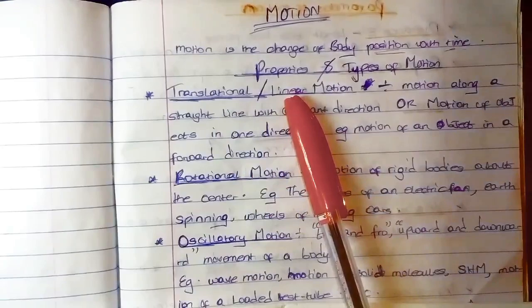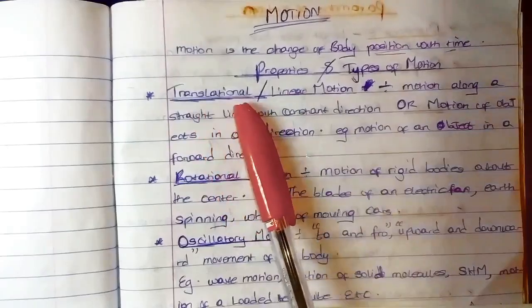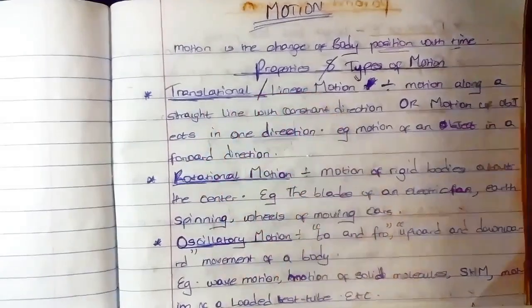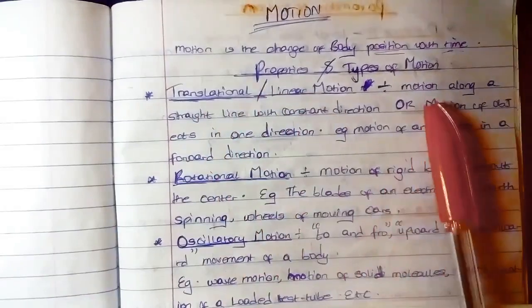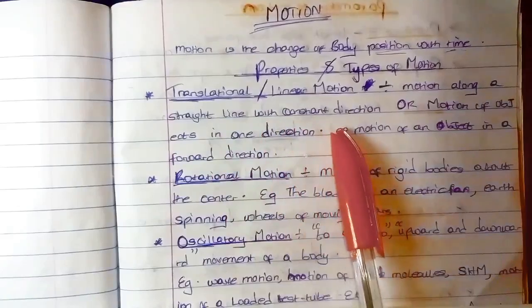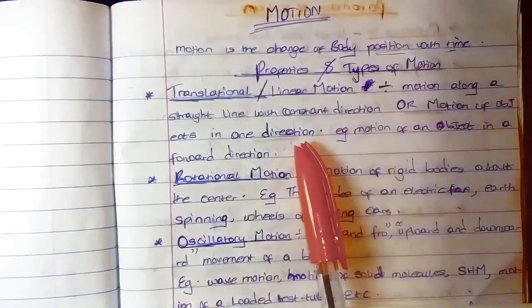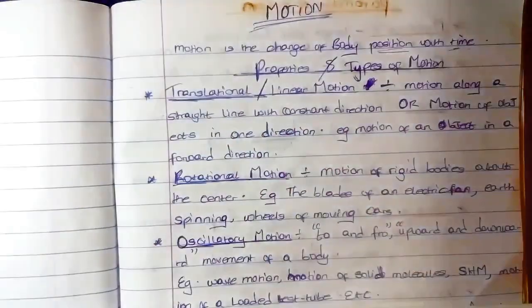They are the same thing. It is simply the motion along a straight line with constant direction, or motion of objects in one direction, for example, motion of an object in a forward direction.